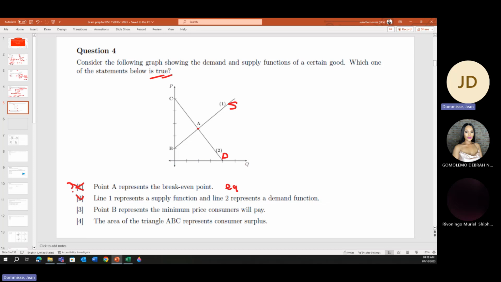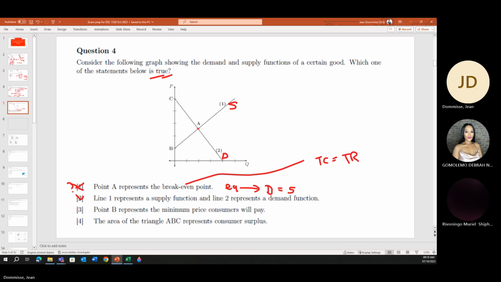Remember, break-even is when total cost is equal to total revenue. Equilibrium is when the demand function and the supply function are equal, so that's where they cross.